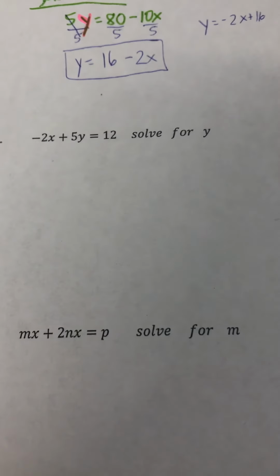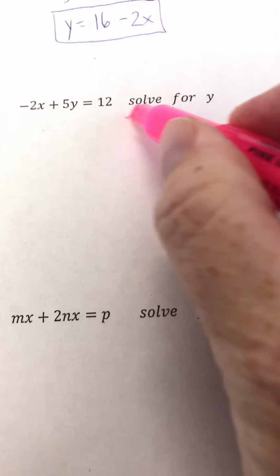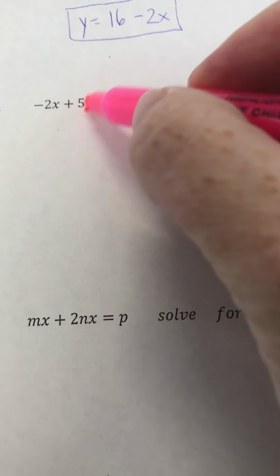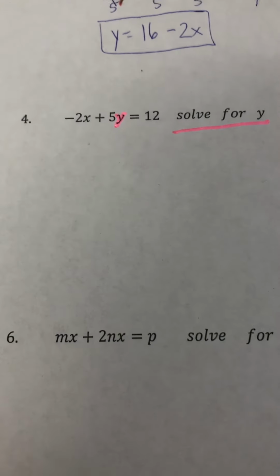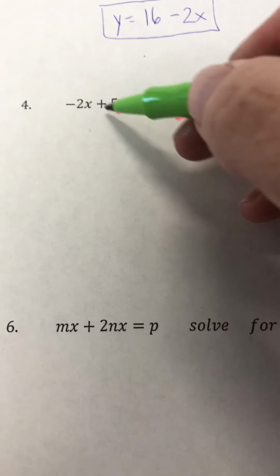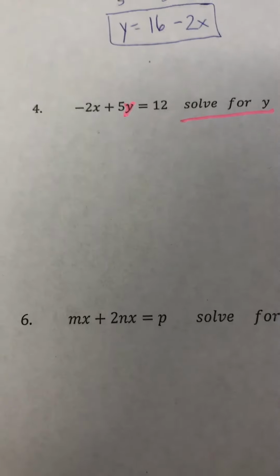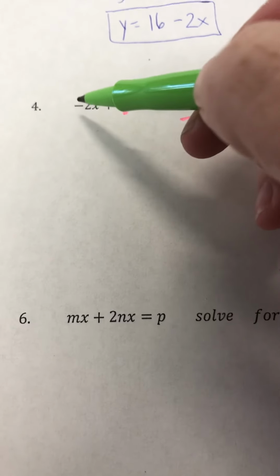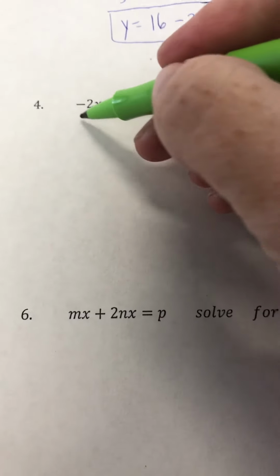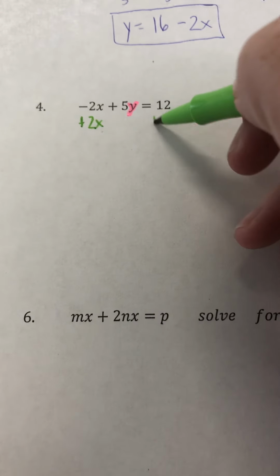Okay, looking at number 4, we want to solve for y. Here's y. We can see that 5 is next to y, so let's multiply, and then it says add a negative 2. Well, we can't subtract it. That's a negative. The opposite of a negative 2x is a positive 2x.